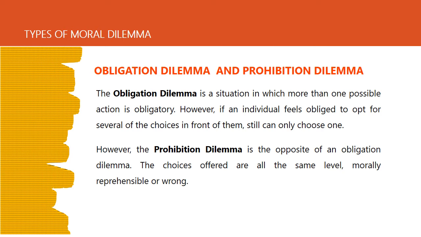However, the prohibition dilemma is the opposite of an obligation dilemma. The choices offered are all at the same level, morally reprehensible or wrong. For instance, today there are many jobless because of the recession caused by the COVID-19 pandemic.